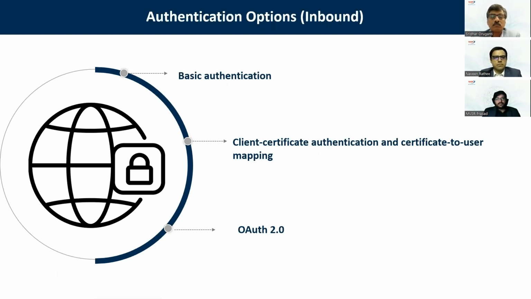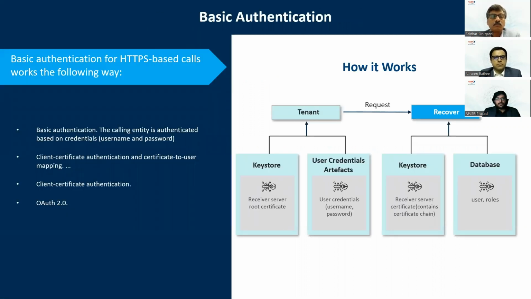But let's go to the next slide where we can see how basic authentication flows. Basic authentication generally works with HTTPS based calls. The calling entity is authenticated based on the credentials.